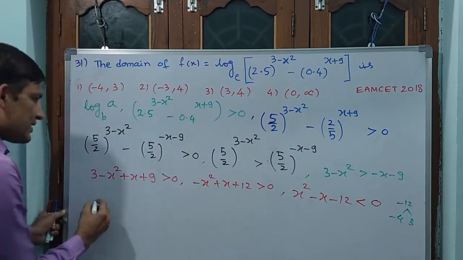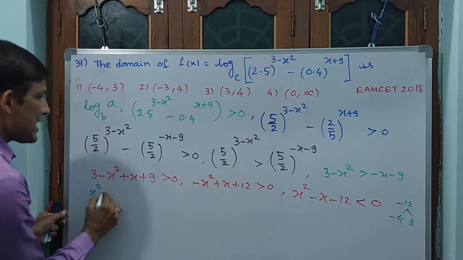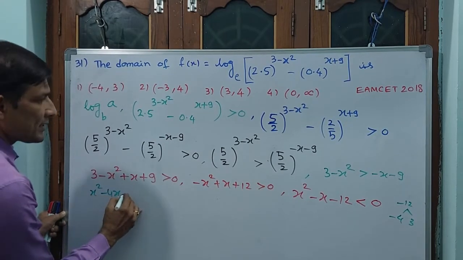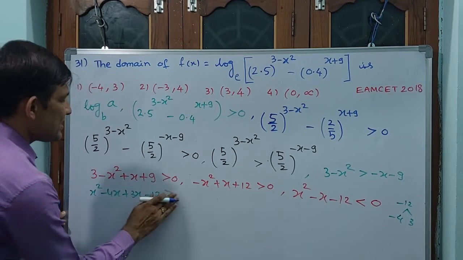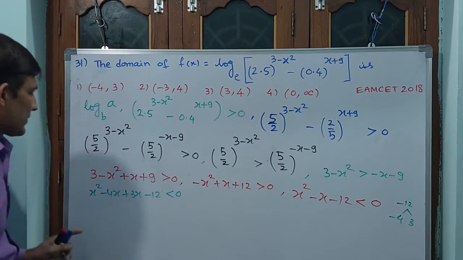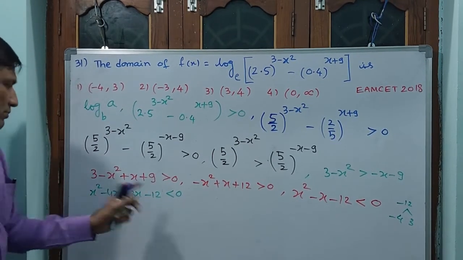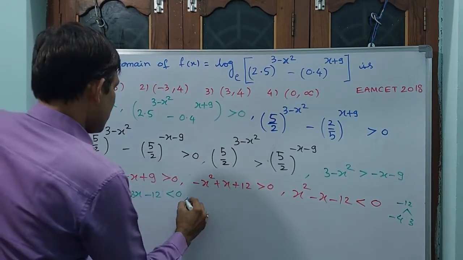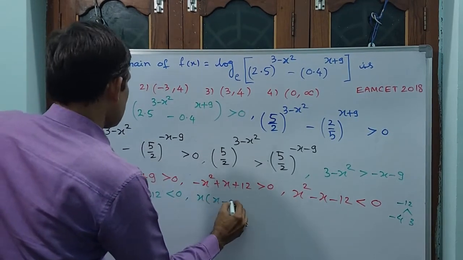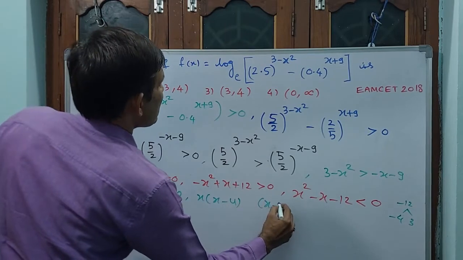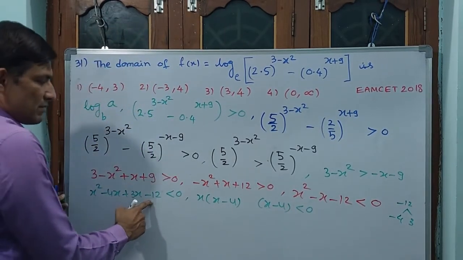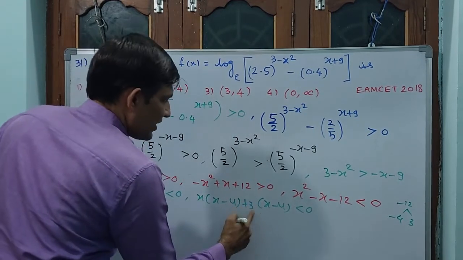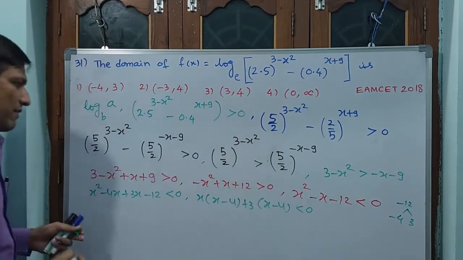That means how I am rewriting that equation, you see, x square minus 4x plus 3x minus 12 should be less than 0, okay. Now factorize this. X you take common, x minus 4, here also x minus 4 less than 0, 3x minus 12, that means plus 3, 3x minus 12, okay.